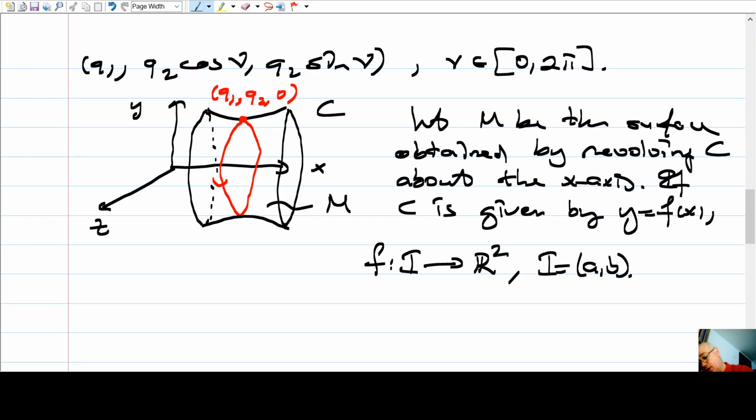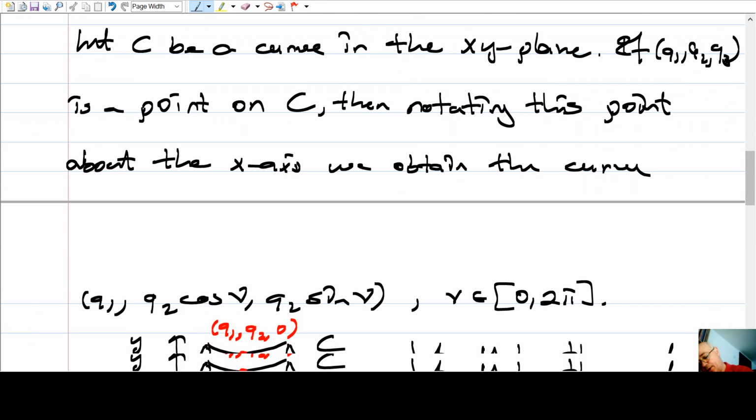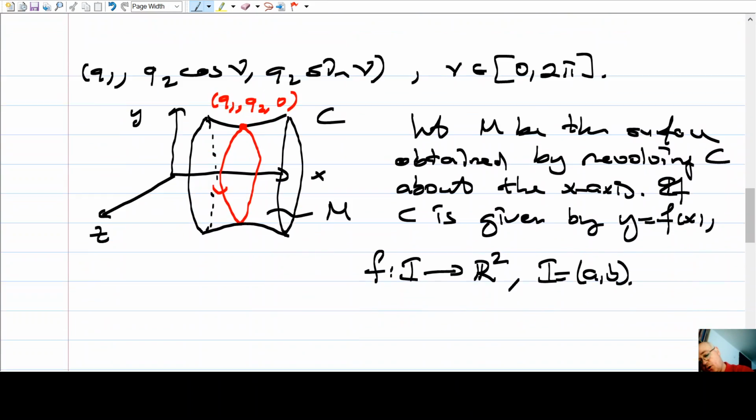Then a parameterization, this point q1 q2 0, is some t: x coordinate is t, y coordinate is f of t, and z coordinate is 0.